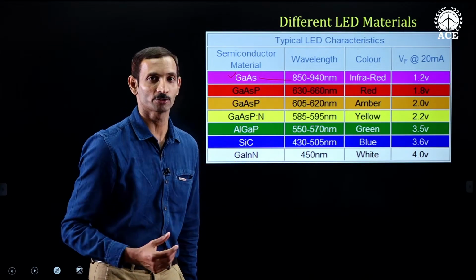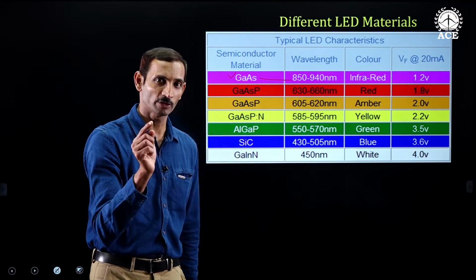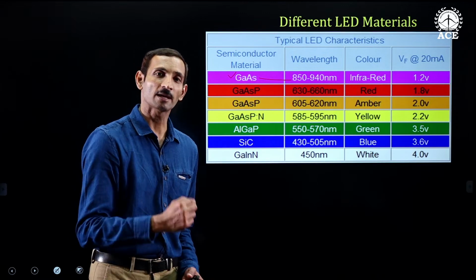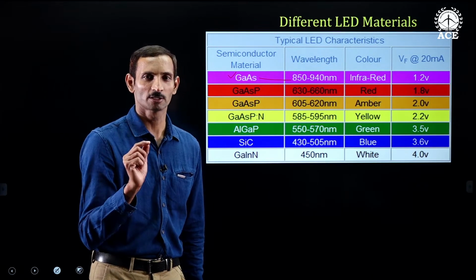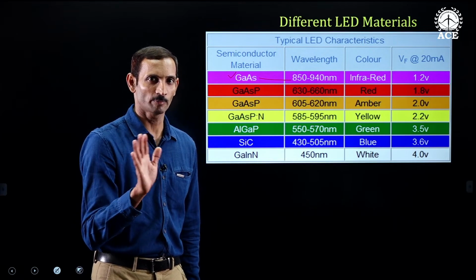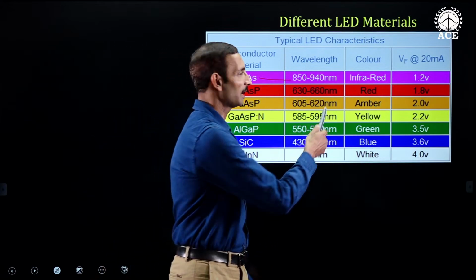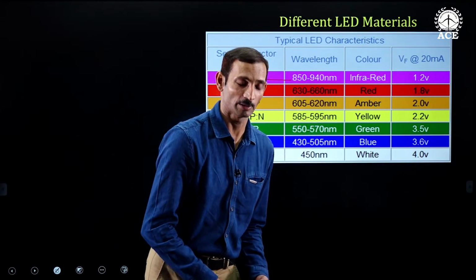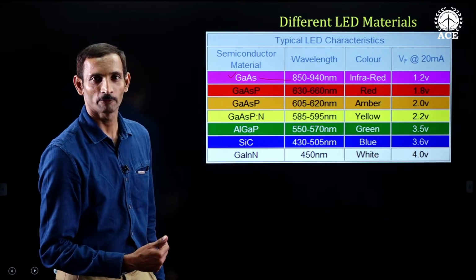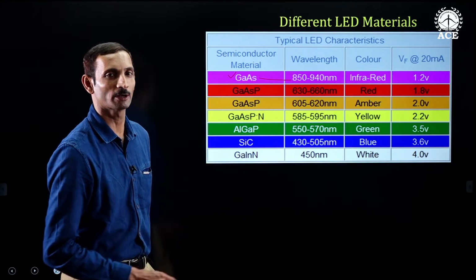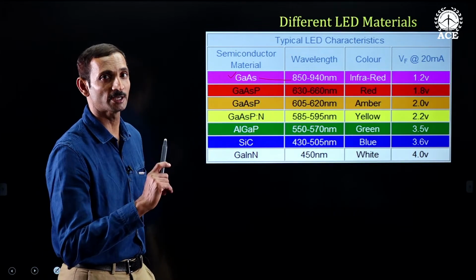Sometimes data is carried in the order of zeros and ones, and those zeros and ones will not be visible to us. So that data would be carried by infrared radiation through the optical fiber.